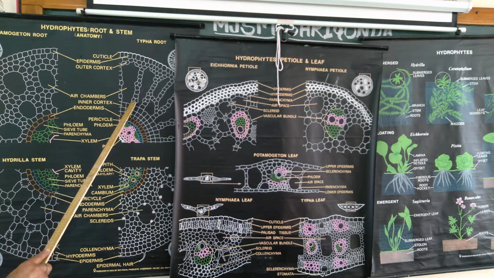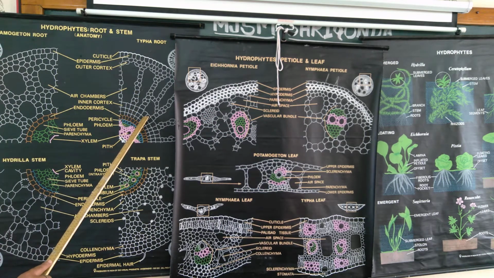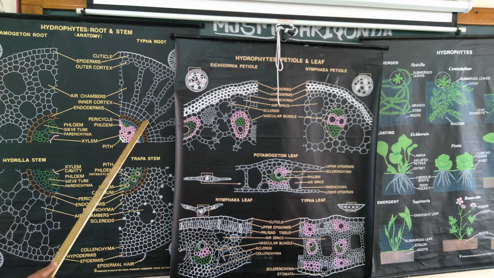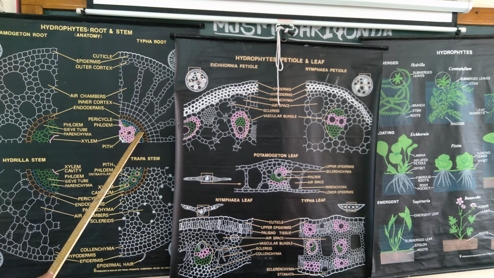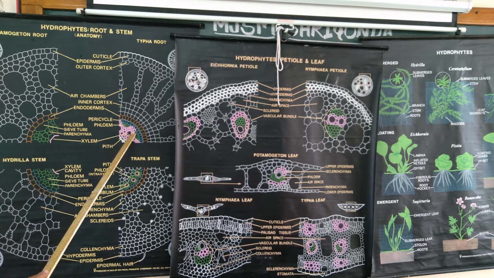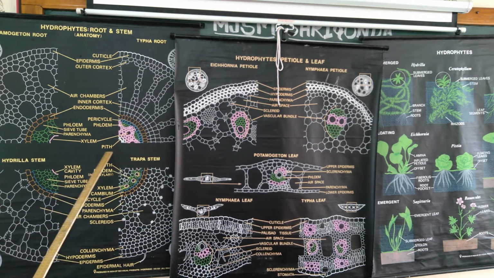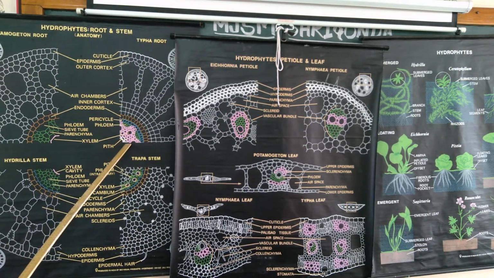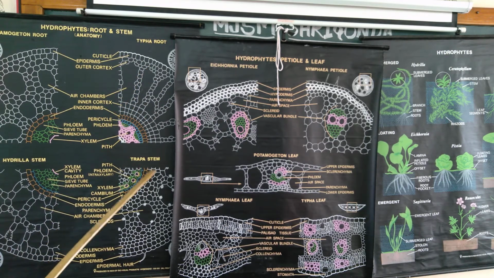Then inner cortex is 1 to 2 layered. This is followed by single-layered endodermis, and then pericycle. Below the pericycle, there is a patch of phloem and xylem. Xylem is lacunate, and at the center there is a single pith. This is the structure of Typha root.